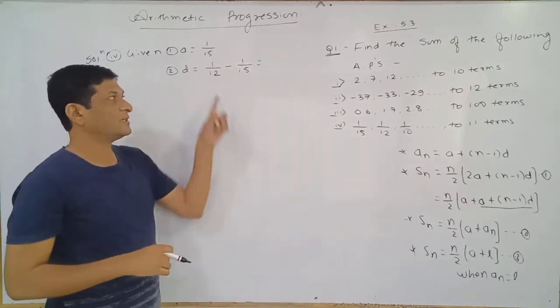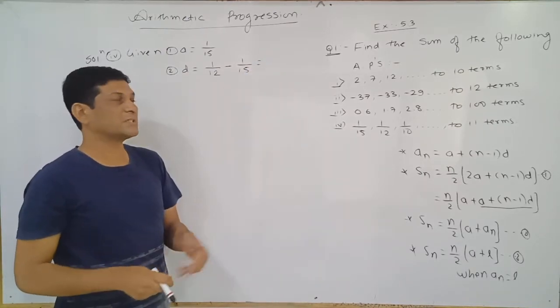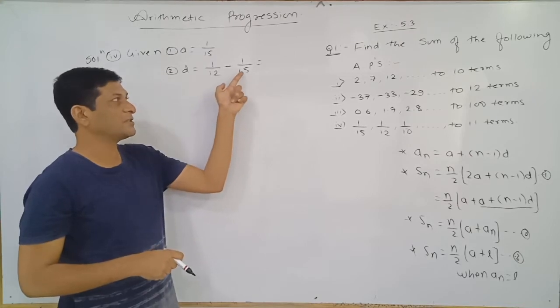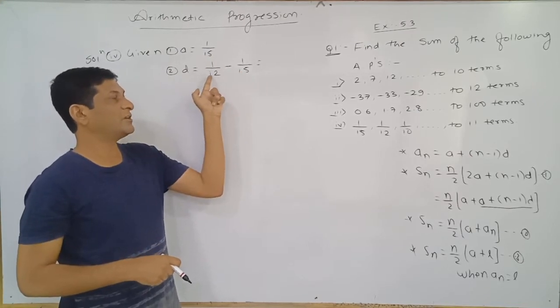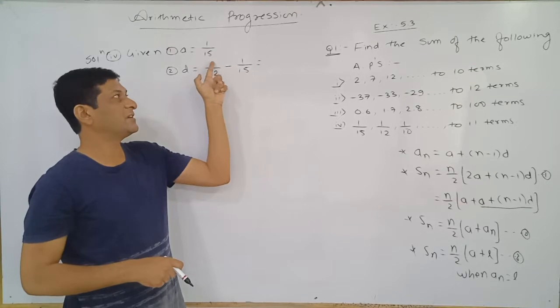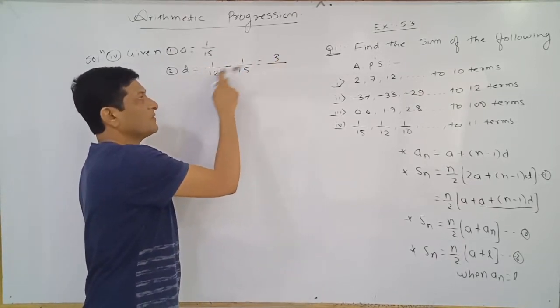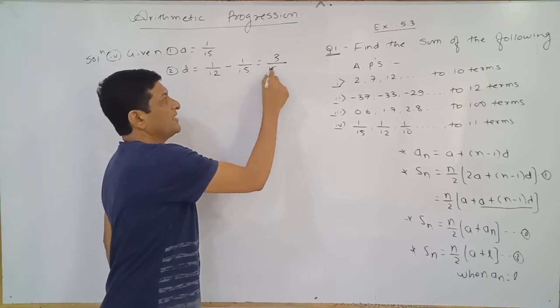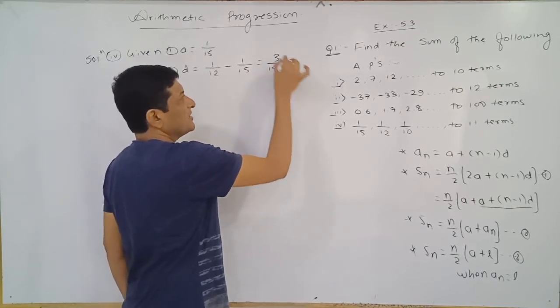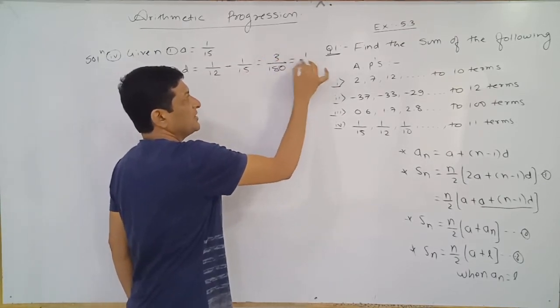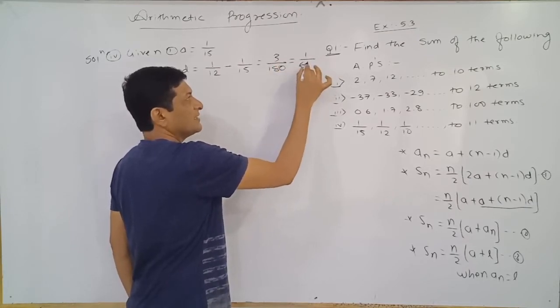Now let us perform this subtraction using cross multiplication. So 15 ones are 15 and 12 ones are 12. So we get 15 minus 12 equal to 3, and in the denominator 12 15s are 180. Both the numbers are divisible by 3. 3 ones are 3 and 3 60s are 180.